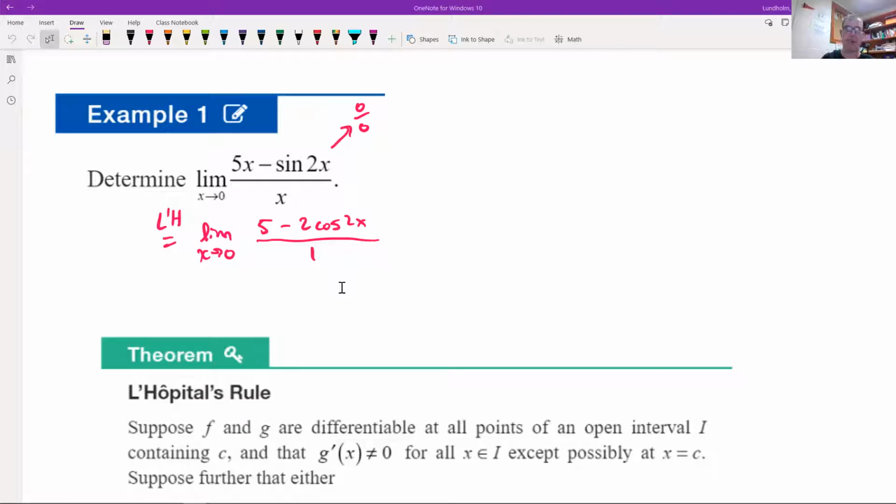And now if I plug in x equals 0, we get 5 minus 2 times the cosine of 0, which is 5 minus 2, which is equal to 3. So a limit that we would not have been able to do before turns out to be not so bad when we employ L'Hopital's rule.